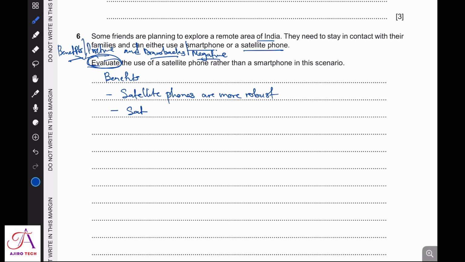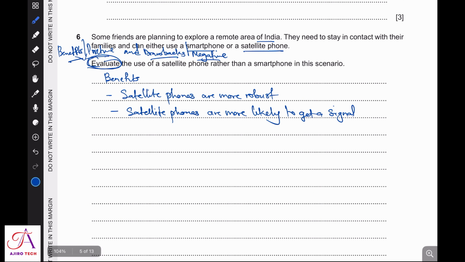Satellite phones are more likely to get a signal. Satellite phones have a larger range.